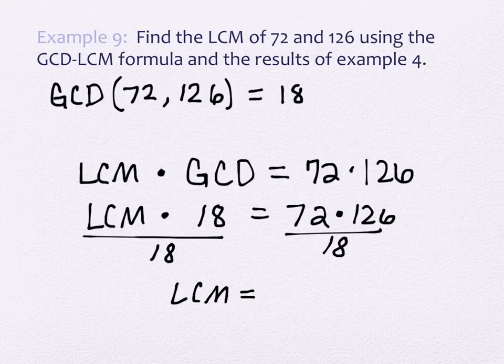What'd you get? 504? Yep. Okay, great. So we didn't have to go through any other algorithm. We didn't have to do any prime factorization. We didn't have to do anything because we'd already done one part of this problem, the greatest common divisor, when we did it last time. Is that good? It's a very handy relationship to know.